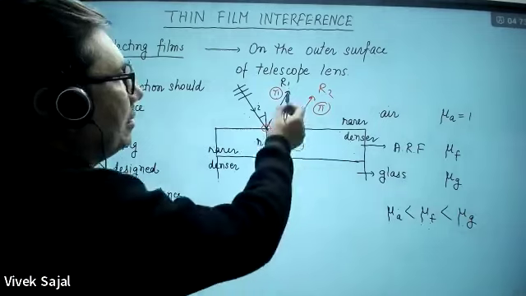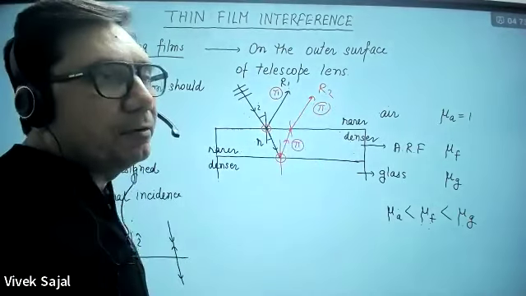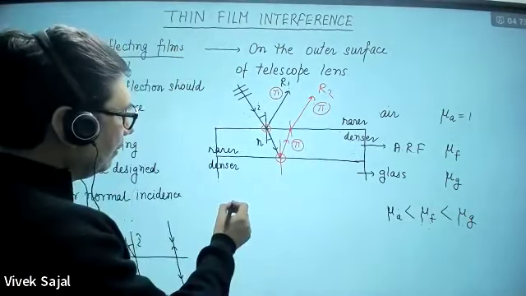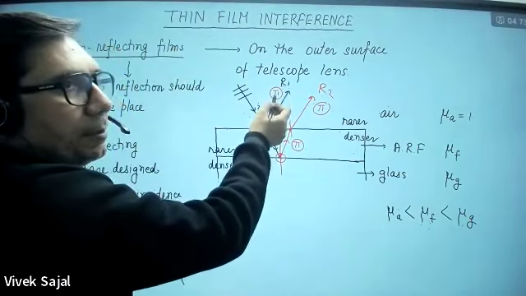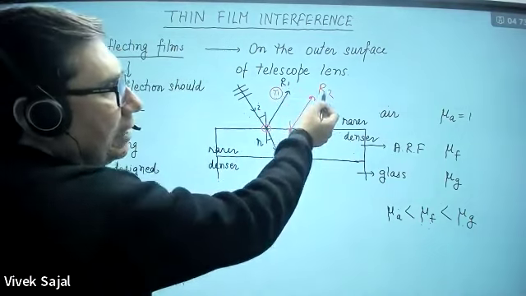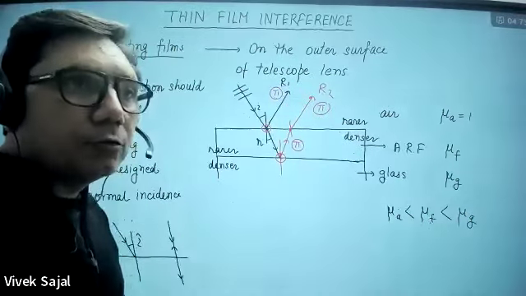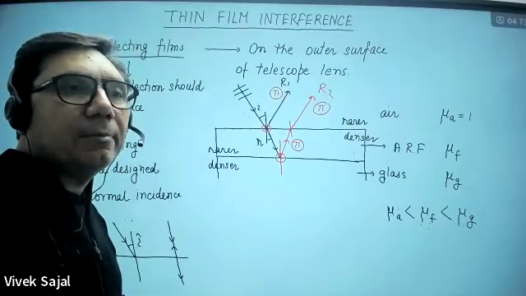And what will be the path difference now between R1 and R2? The extra path carried by R1 is lambda by 2, and the extra path carried by R2 is also lambda by 2. So both are carrying an extra path of lambda by 2.